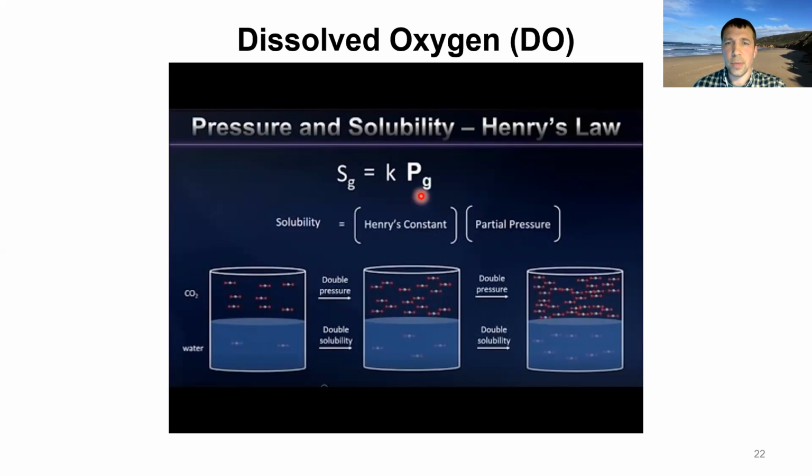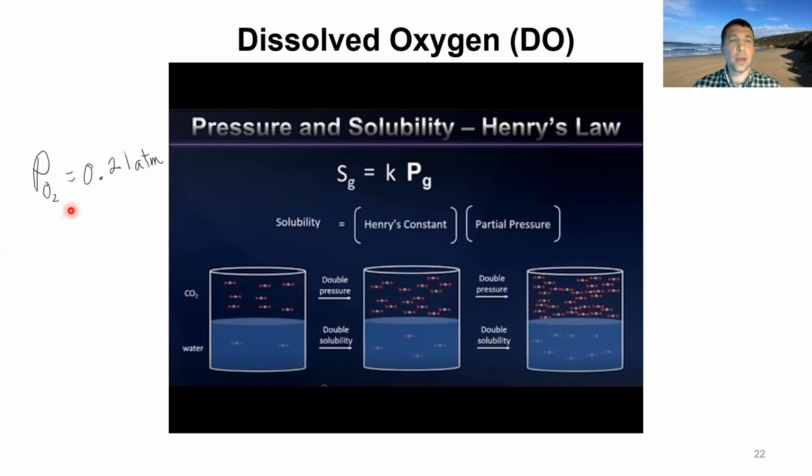The pressure is fixed on Earth. The partial pressure of O2 is about 0.21 atmospheres. What this partial pressure means is that the pressure at sea level is roughly 1 atmosphere, but that 1 atmosphere of air consists of not just oxygen, but also nitrogen and a little bit of argon and other trace gases.